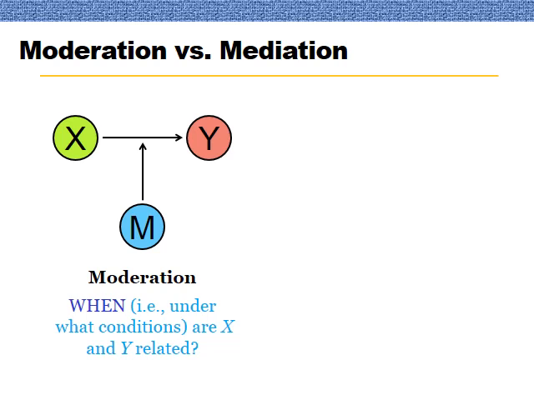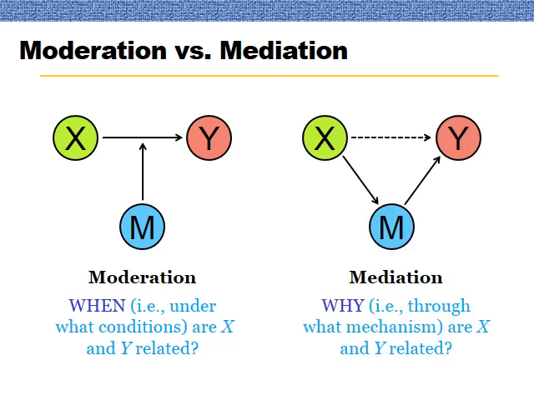In other words, a moderator tells us when, aka the conditions under which x and y are related to each other. You can kind of think of the moderator as being like your light switch. It tells you when that relationship is turned on versus when that relationship is turned off.